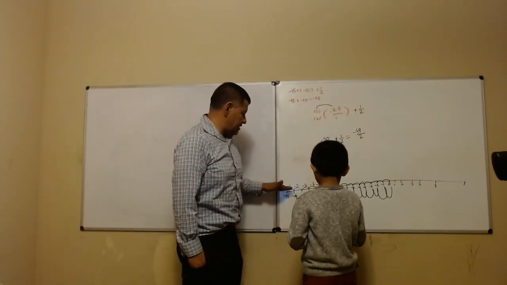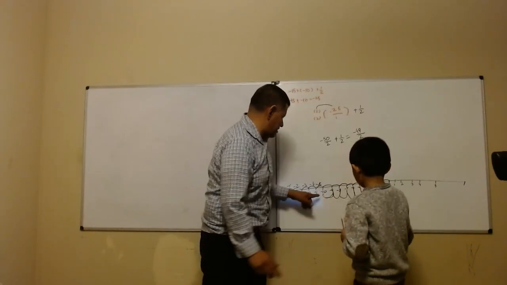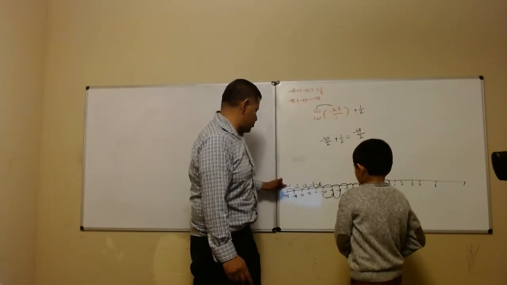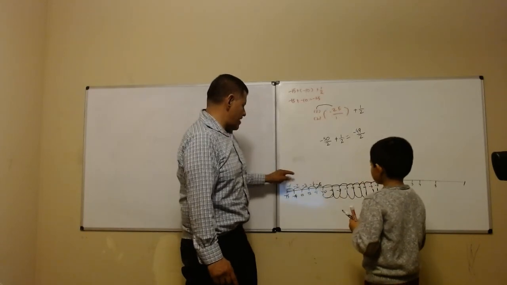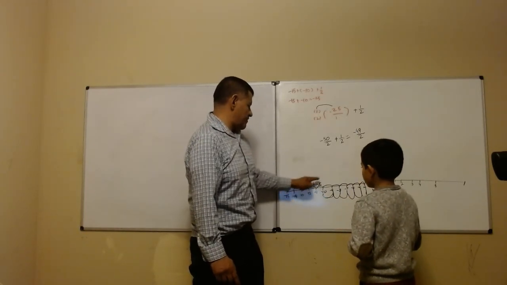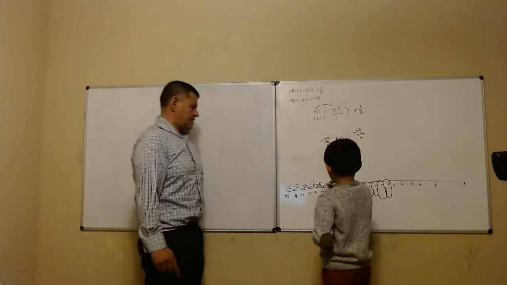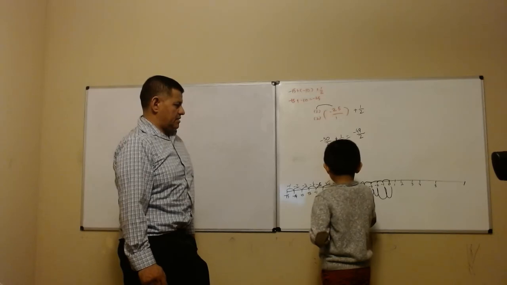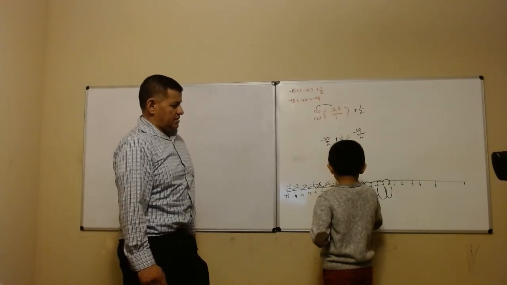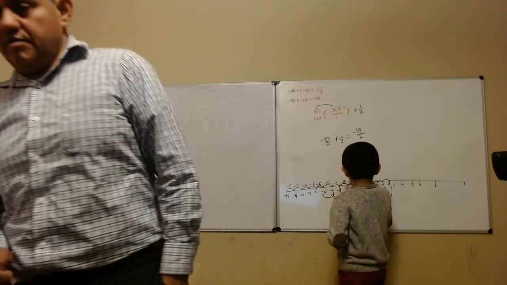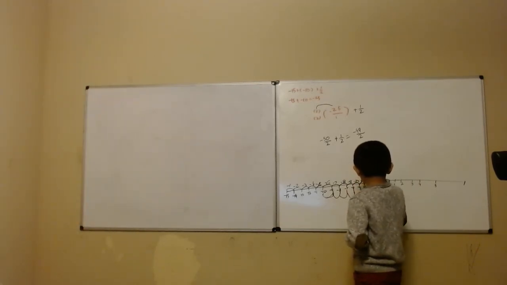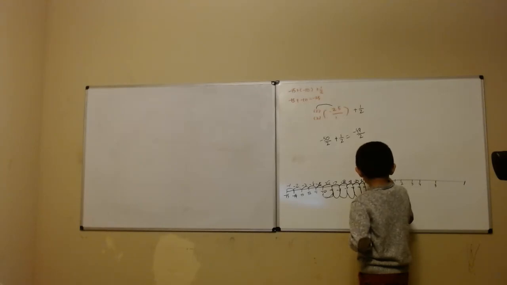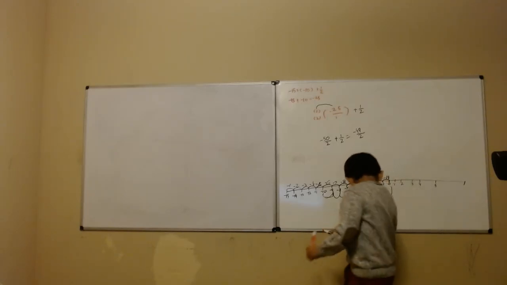Each unit is equal to 1, right? Can you say 1, 2, 3, 4, 5, 6 and count it that way? -6, -7, -8, -9, -10, -11, -12, -13, -14, and -15.